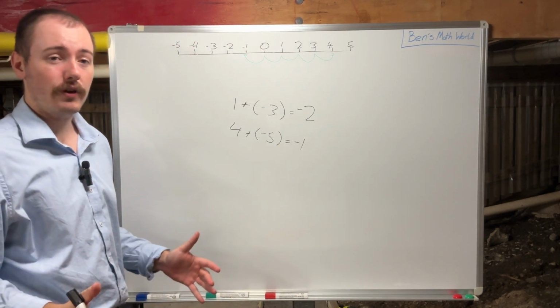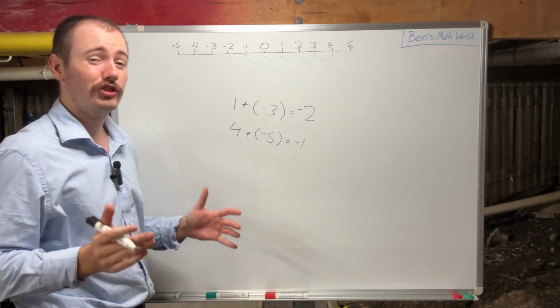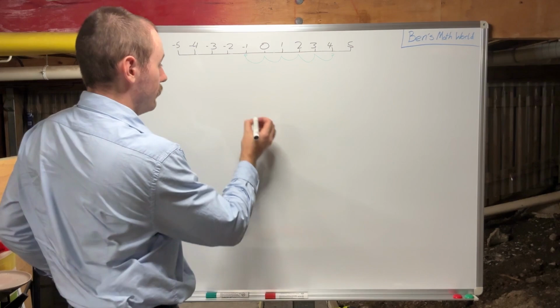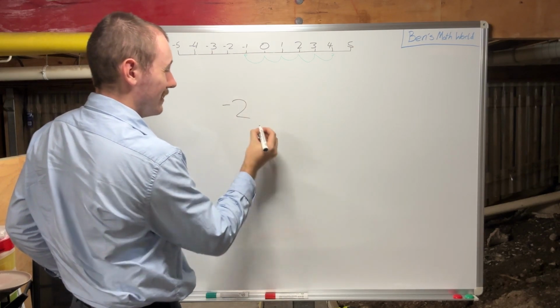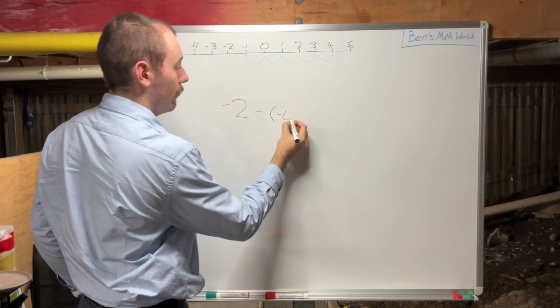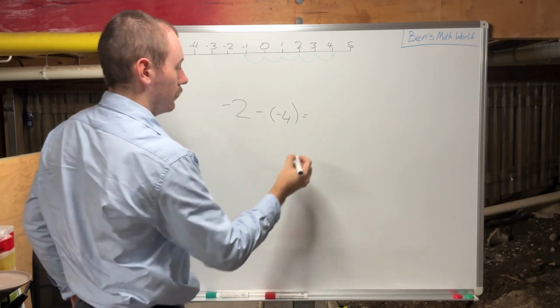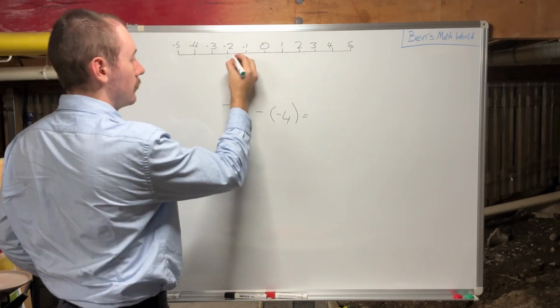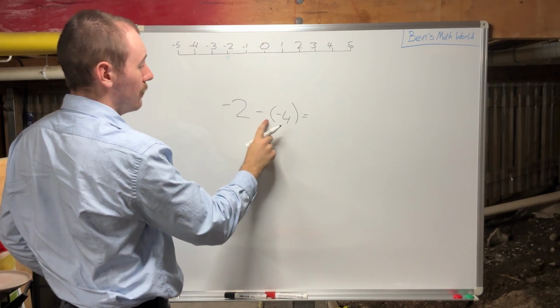Now, let's move on and let's try subtracting negative numbers. Let's start with a negative number. Let's start with -2, and let's take -4 from -2. Okay, so for this one, we're going to start at -2, and we're going to move back by -4.